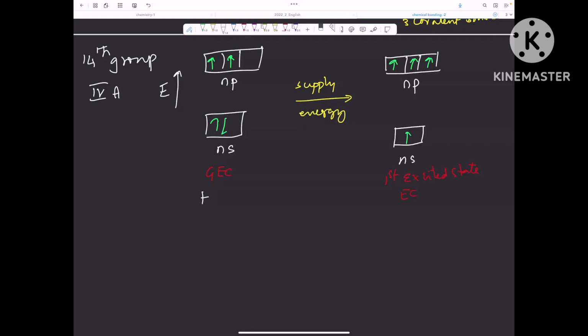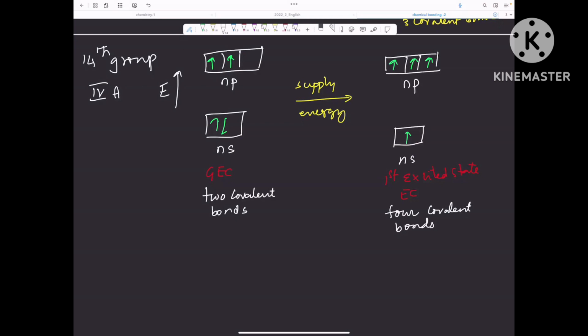Here, 2 covalent bonds in ground state. In this first excited state, the atom can form 4 covalent bonds.